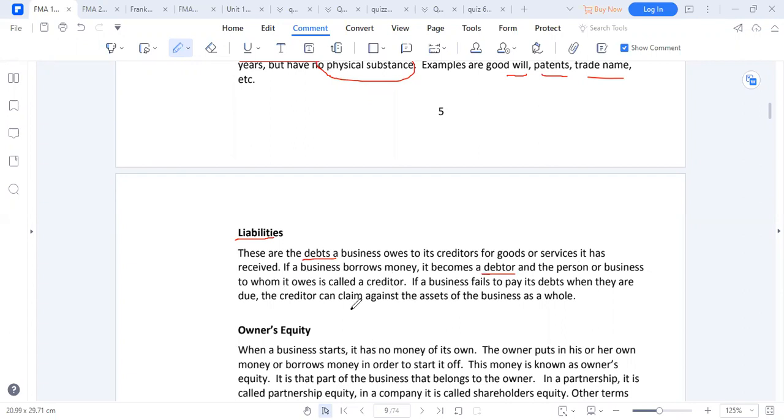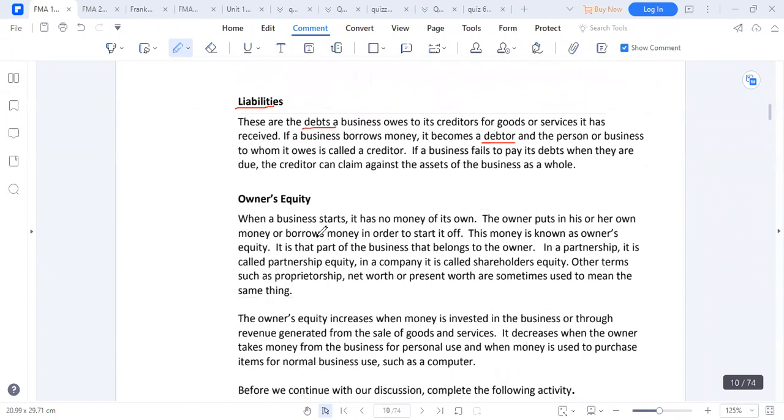Now, liabilities come in two forms: current liabilities and non-current liabilities. Current liabilities are simply liabilities that are due within a short period of time. For instance, wages that you haven't paid, salaries owing, electricity you're supposed to pay and have not paid.